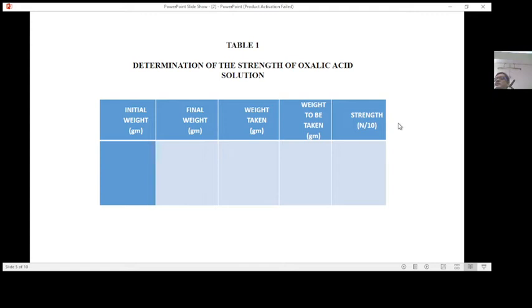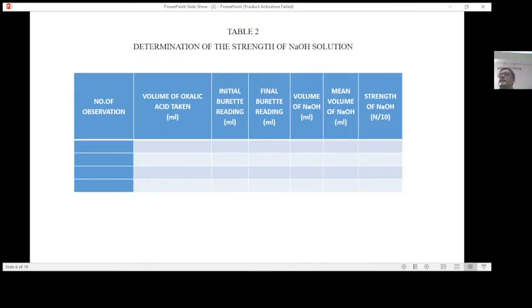So oxalic acid will be prepared in the range of N/10 with a factor. And why oxalic acid? Oxalic acid is taken because it is a primary standard. It doesn't change easily.